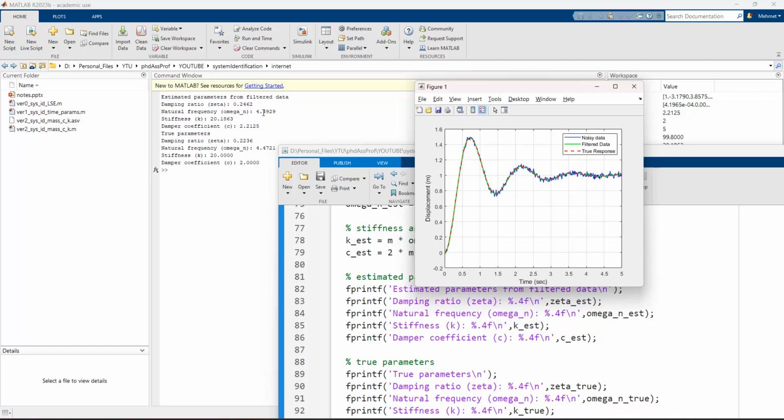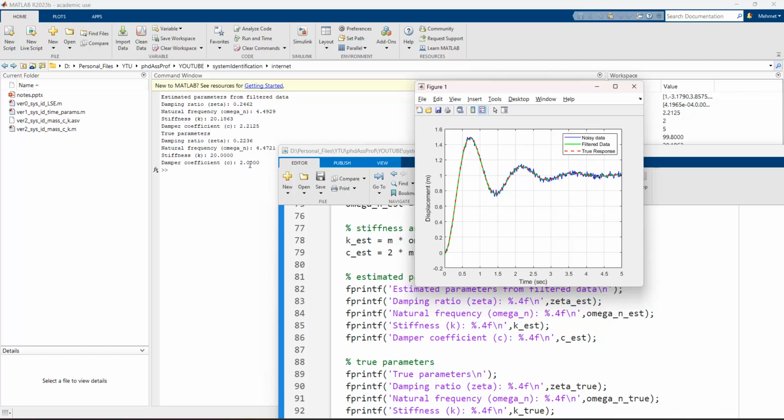Natural frequency estimated 4.49, and the true natural frequency is 4.47. This is good. Estimated stiffness 20.18 and the true stiffness is 20. It's good. The damper coefficient is 2.21, but the true damper coefficient is 2.0, right?